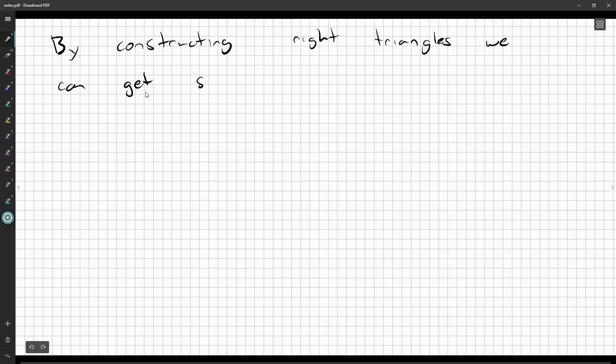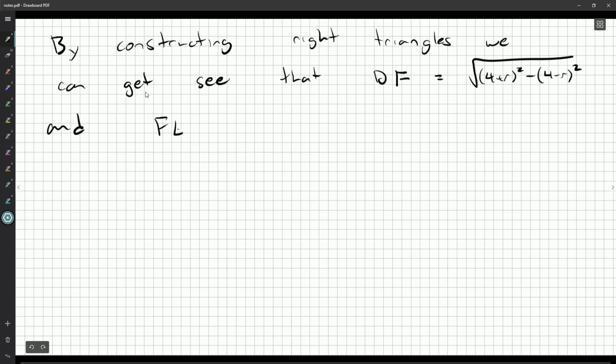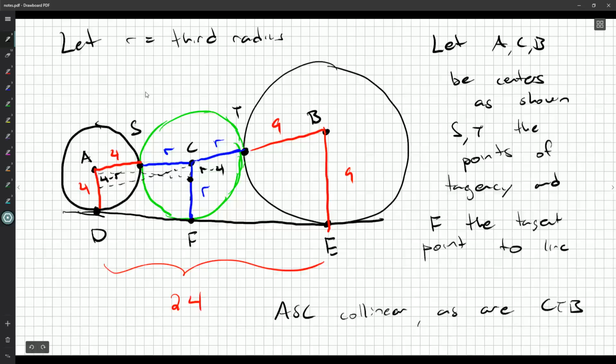We can see that DF is the square root of (4 plus R) all squared minus (4 minus R) all squared. And similarly, FE is the square root of (9 plus R) all squared, minus the other leg squared. This is the bigger hypotenuse.